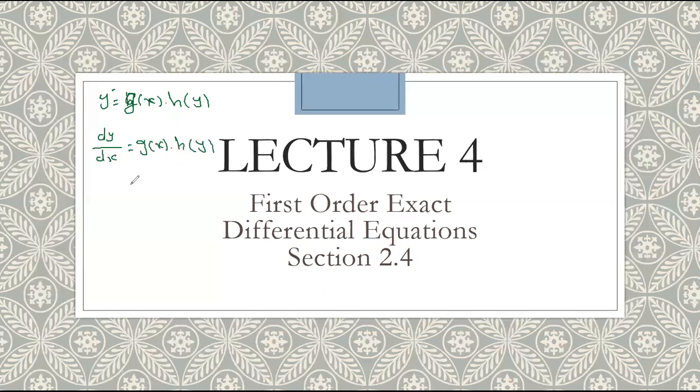Now I'm going to divide by h(y) and multiply by dx. So I have dy over h(y) equal g(x) times dx. And now integrate both sides. So you will get the solution for this differential equation, nothing here, okay? So this is the first kind of differential equation. We call it a separable differential equation.